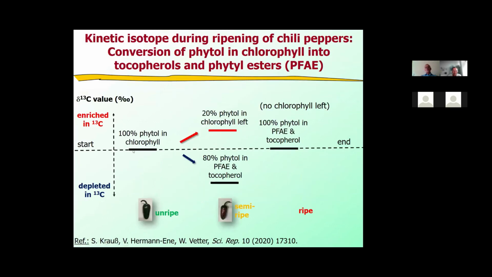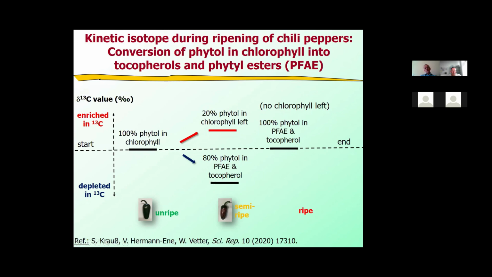And also, back to the thing I started at the beginning, you can also do that in biochemistry. For example, if you have an unripe plant, phytol is a compound of the chlorophyll, you all know, and the phytol is transferred later into tocopherol, but also remains as phytol. If you have an unripe bell pepper, or in that case chili pepper, at the beginning everything is in the chlorophyll, and it must have the delta value.